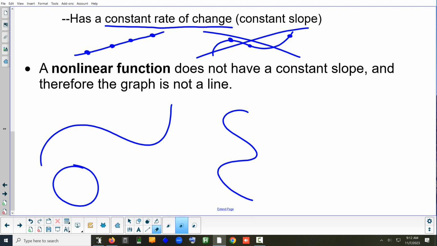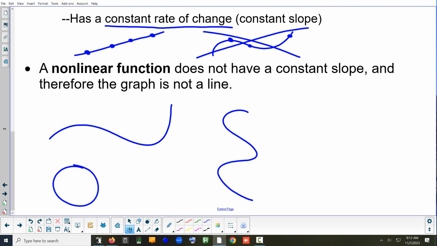None of those graphs have constant slopes. They all change depending on where you're standing. Some are more uphill, some are more downhill, some are perfectly flat. So any question on why none of these are linear functions?